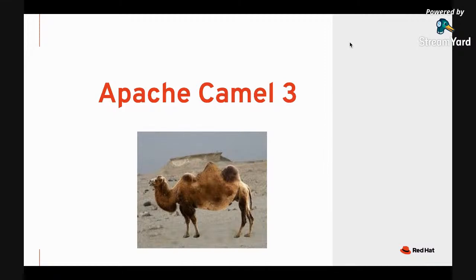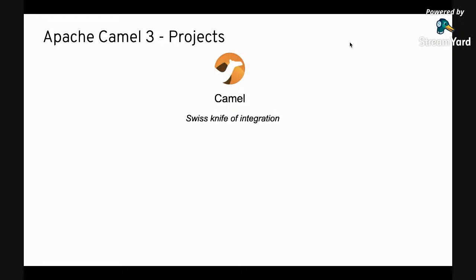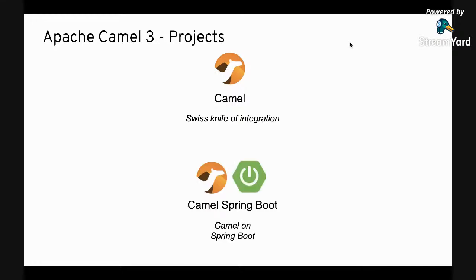With Camel 3, when we started the development of Camel 3, the main objective and the main focus that we had was to create an ecosystem. So we start from the Swiss knife of integration, the main project, which is Camel, and we try to split what we have in the main repository into multiple sub-projects.